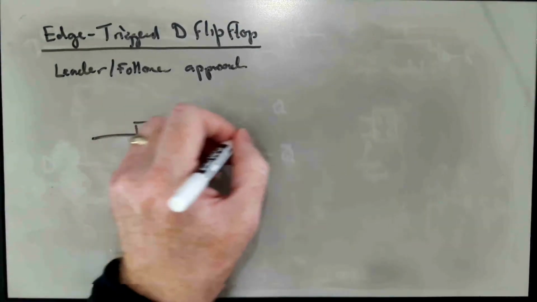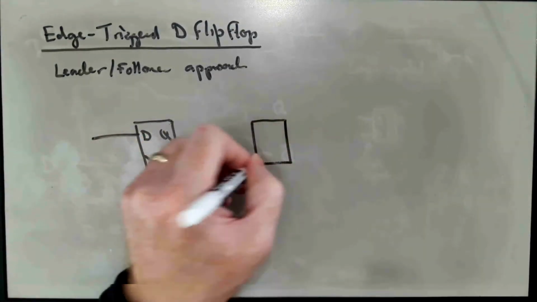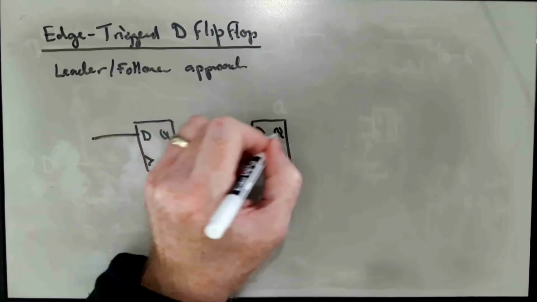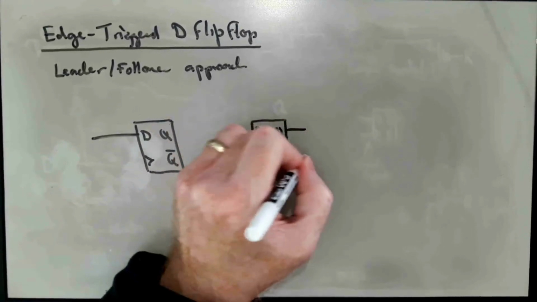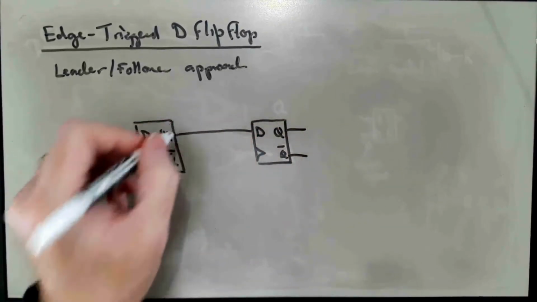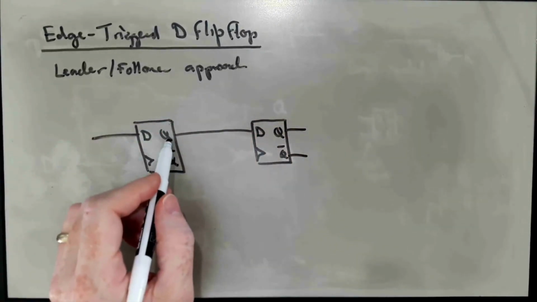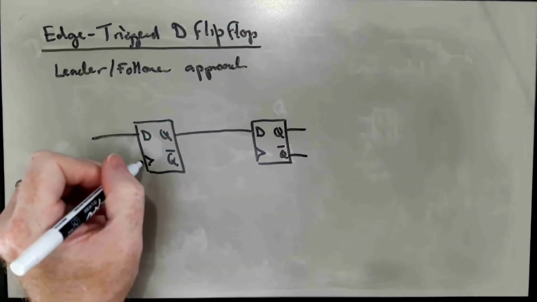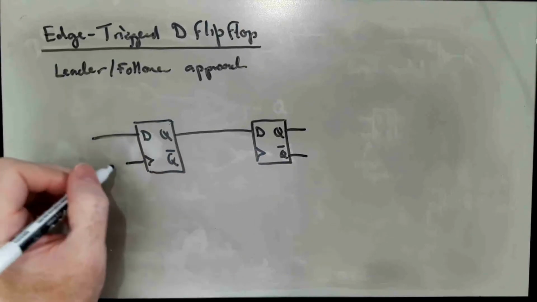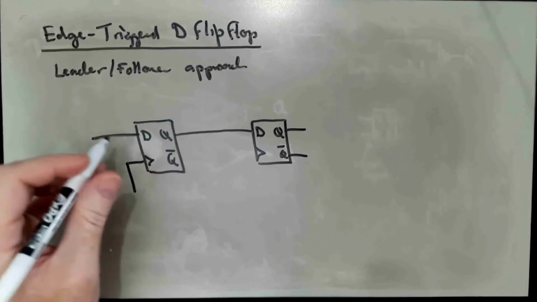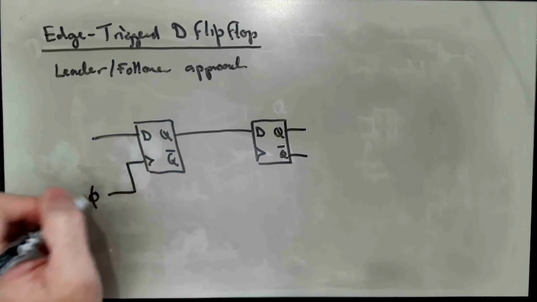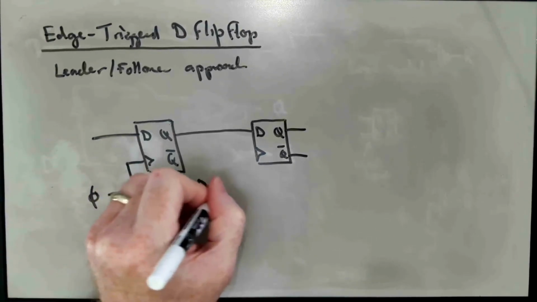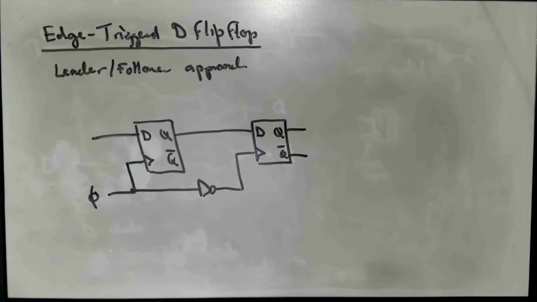and we are going to arrange them in a cascade. And we're going to feed the Q output of the first one into the D input of the second one. And we're going to put the clock signal in here to the first one. And then we're going to invert the clock signal into the second one.